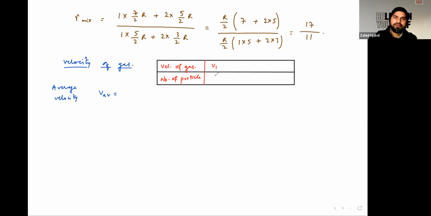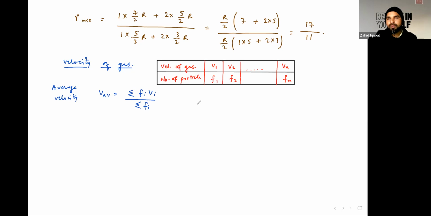Let's say V1 velocity having F1 number of particles, V2 velocity having F2 number of particles, and so on, Vn velocity having Fn number of particles. To calculate the average of all these terms, it will be summation Fi Vi divided by summation Fi, like sum of observations divided by number of observations. So from this tabular form, you'll get average velocity from this relation.